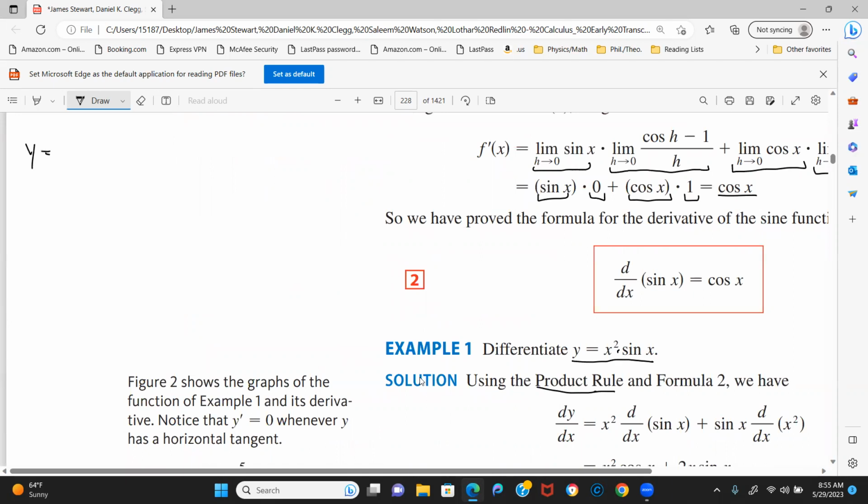So we have y is equal to x squared sine x. According to the product rule, the derivative of y, dy dx, is you take the derivative of the first function, that's 2x, times the second function, and then plus the first function, don't do anything to it this time, times the derivative of the second function, but we just determined that that's cosine x, so it's going to be cosine x.